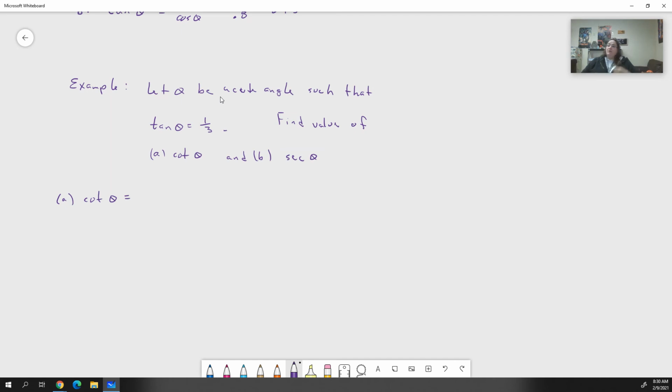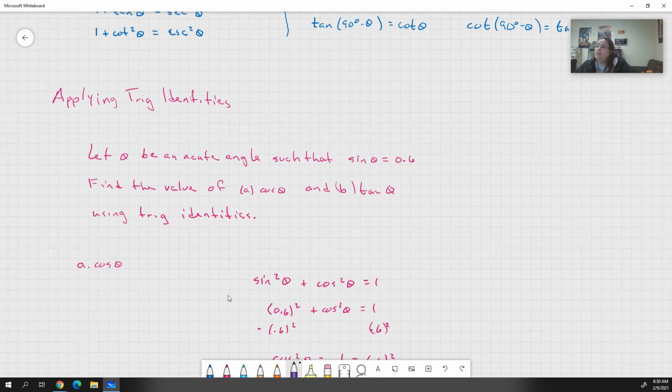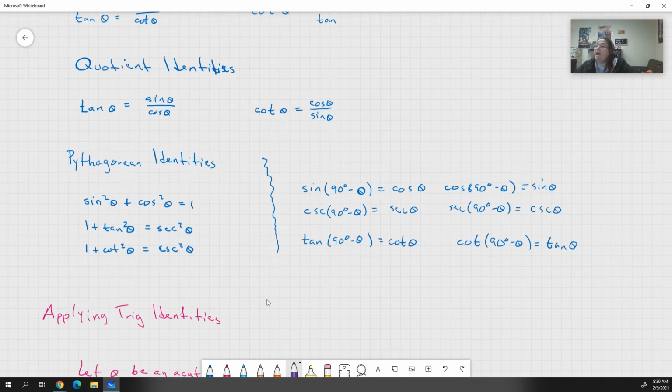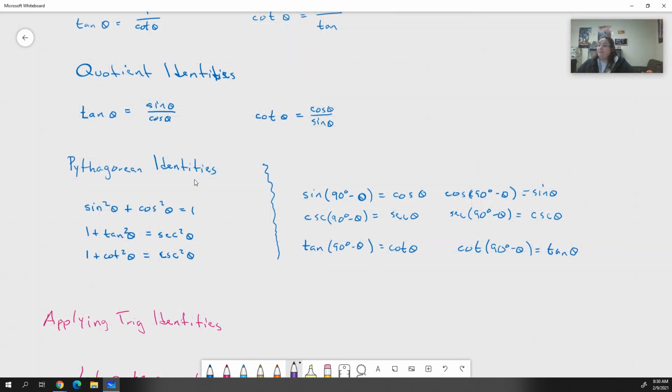What do we know? We know that tangent equals 1/3. So this one's not so bad. If we go up here, we're looking for cotangent and we have tangent. So if I look at this, I don't see anything in here that's going to work for me. I have a cotangent, but it doesn't have tangent. I have a tangent, but it doesn't have cotangent.